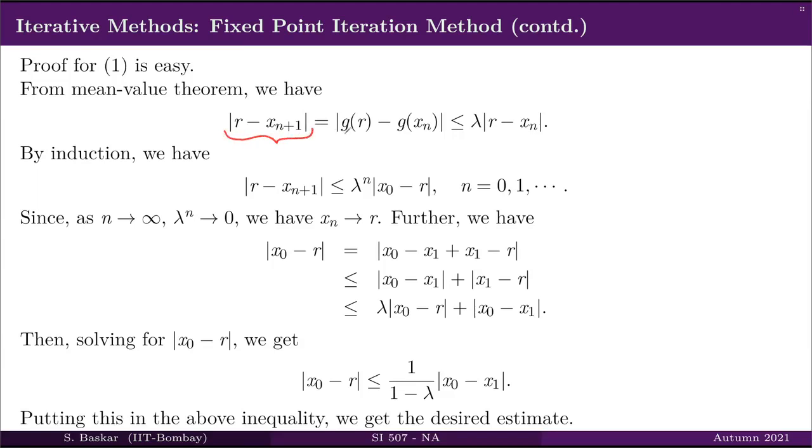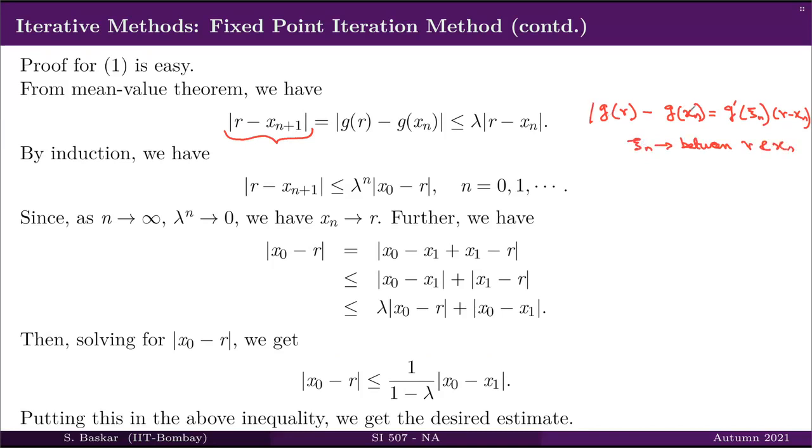You can use the mean value theorem to get g of R minus g of x_n is equal to g dash of xi_n into R minus x_n, right? For some xi_n lying between R and x_n.